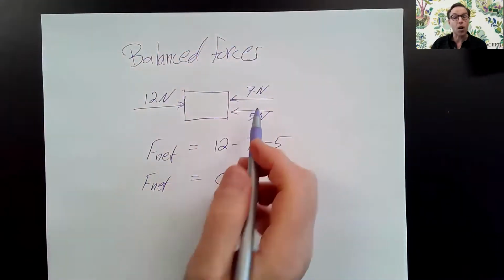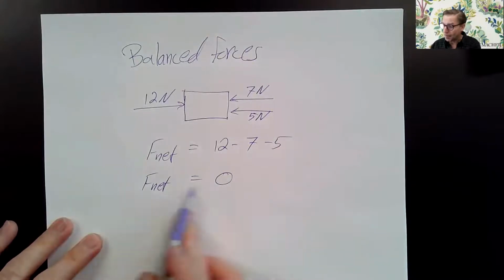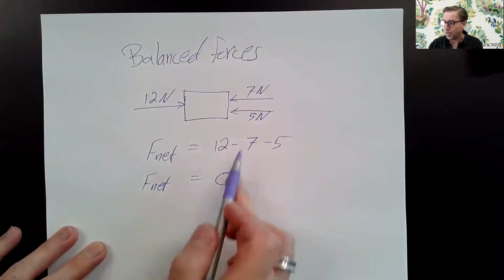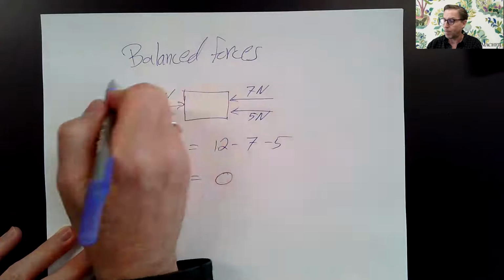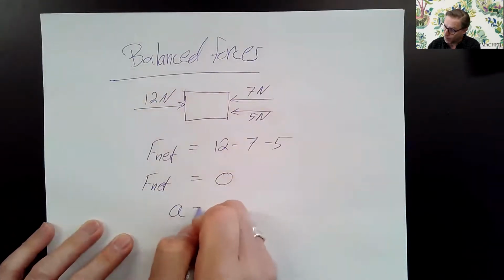The forces that push in one direction add up to the same number of newtons as all the forces that push in the other direction, whether that's left and right or up and down, they all add up to 0. So when the forces add up to 0, it's just important that we don't say there's no forces, because that's not true. There are forces and they add up to 0. That's called balanced forces, and it gives us an acceleration of 0.